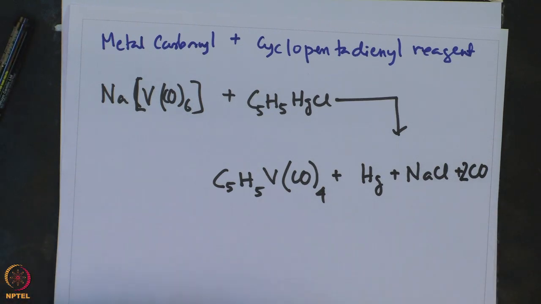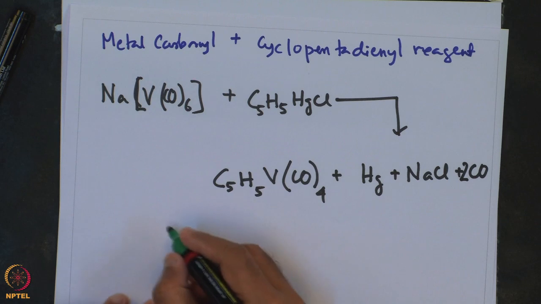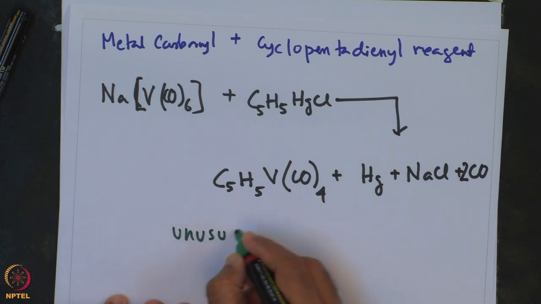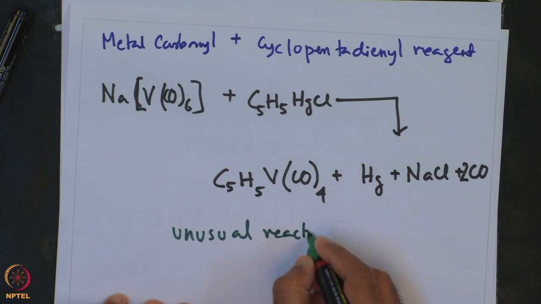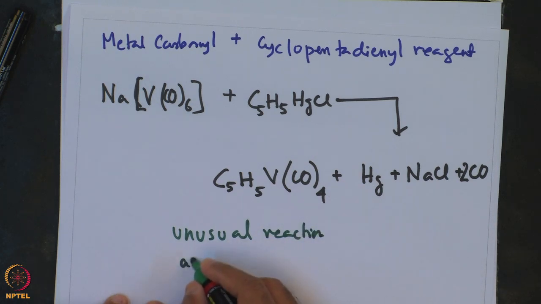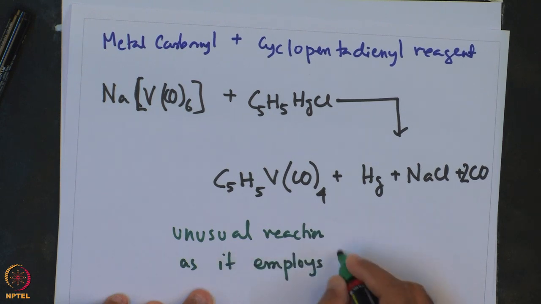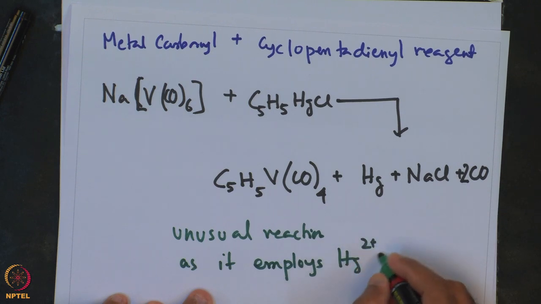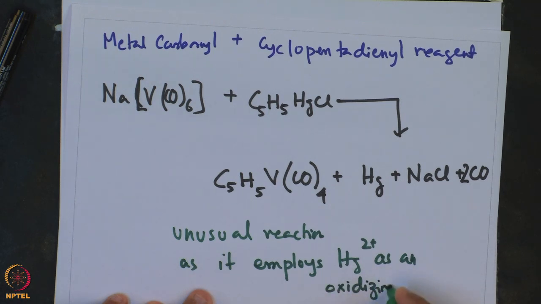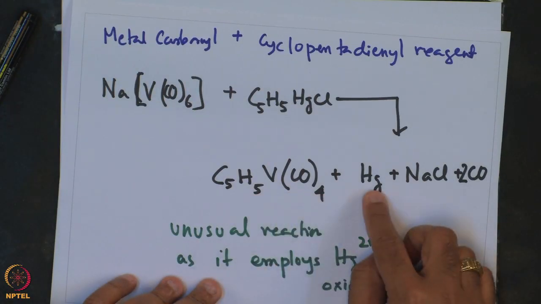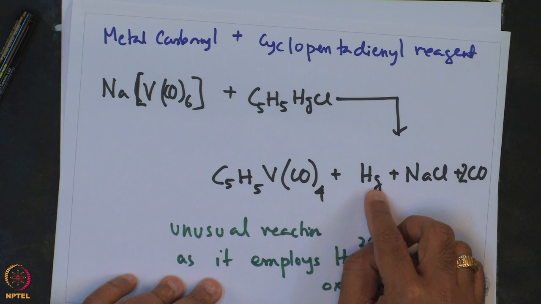Now, this is an unusual reaction as it employs Hg2+ as an oxidizing agent, resulting in the preparation of C5H5V(CO)4 along with the precipitation of elemental mercury.